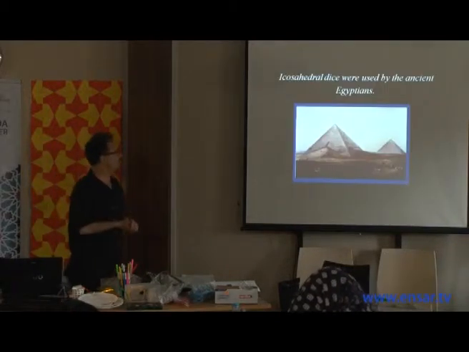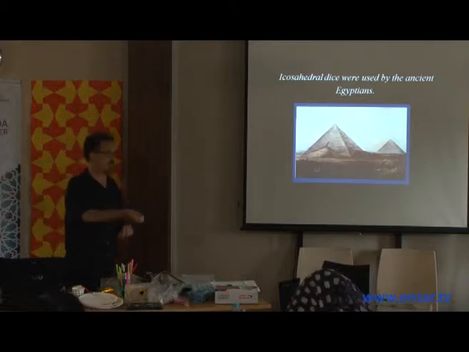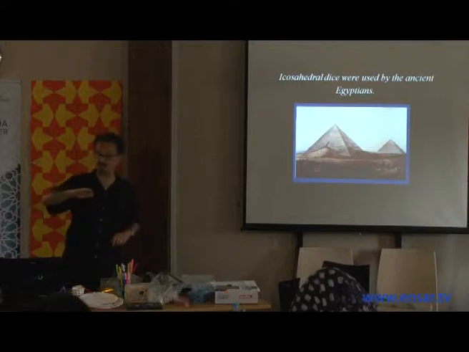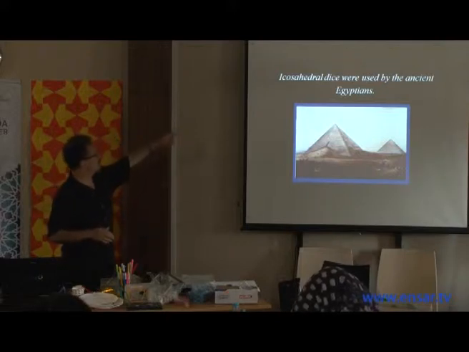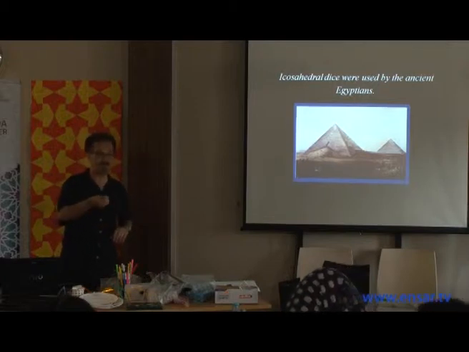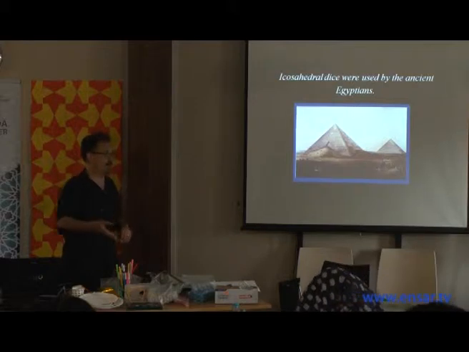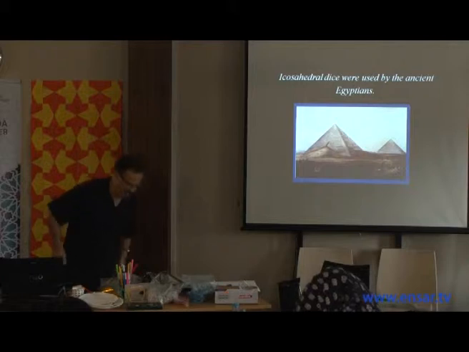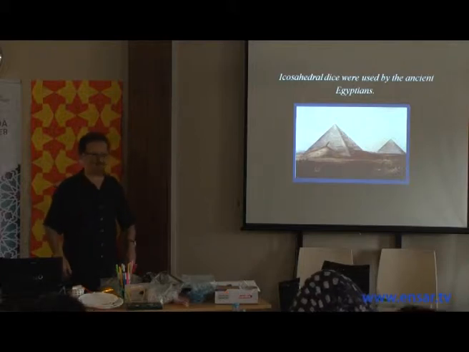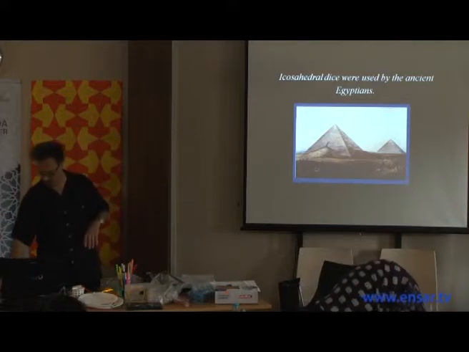It is nice to know that in ancient Egypt, rather than these dice that we use with 6 sides, they used to use icosahedral dice with 20 sides, from 1 to 20. That was very nice. Think about how they could gamble, because 1 to 6 is easy. Then 16, 17, and then 16 plus 17, that was a headache. They couldn't play this kind of thing. Okay, so they were very smart though.